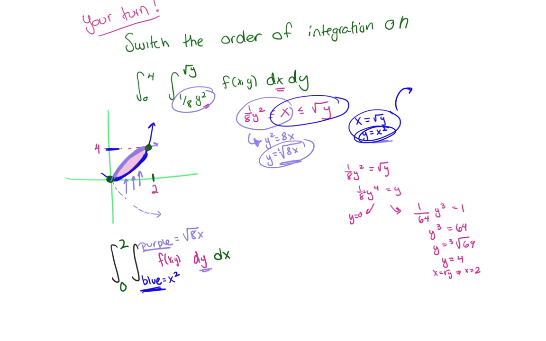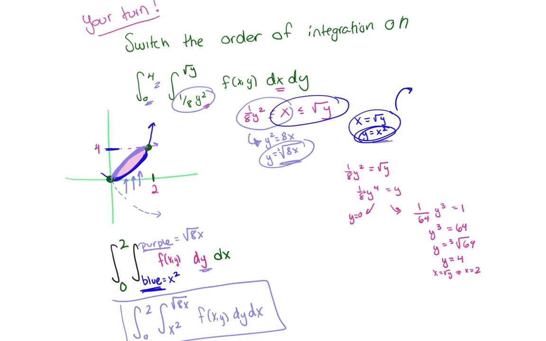I only needed the top half of that. That was the only one that came into play because y was always positive values. So just writing that out without the words blue and purple in there, our final answer would be the integral from 0 to 2, the integral from x squared to root 8x. The function stays in there. Now I've changed it so it's dy dx.